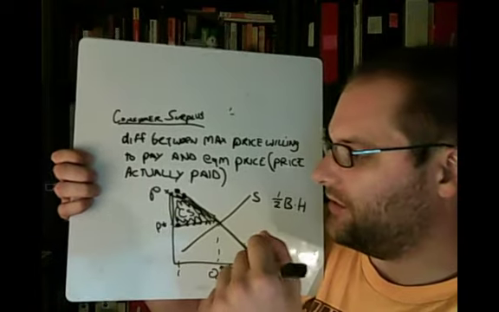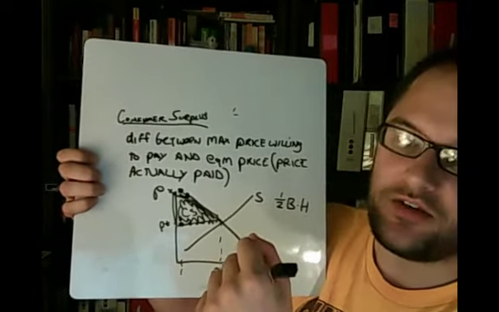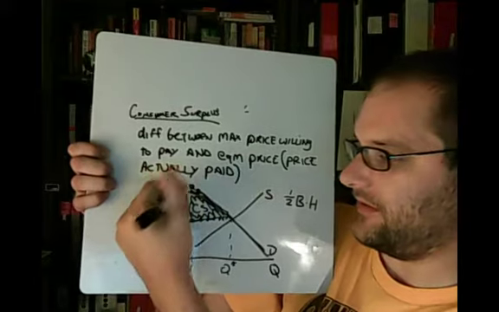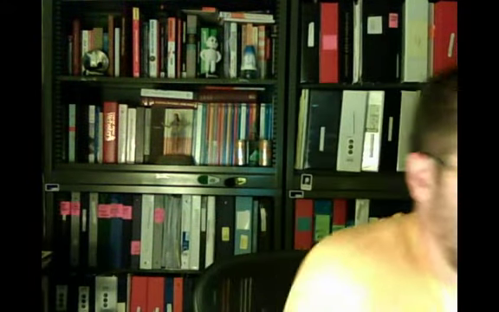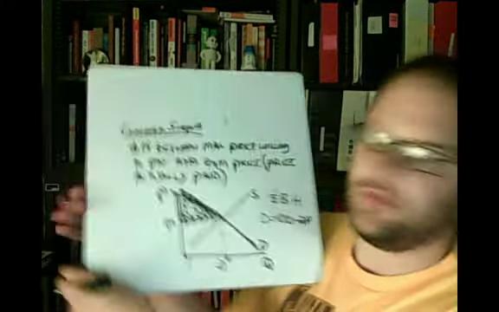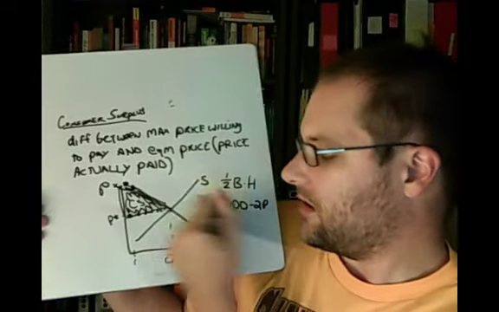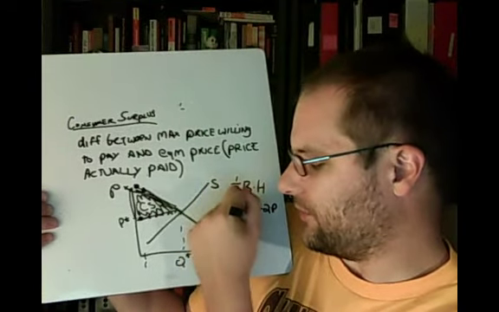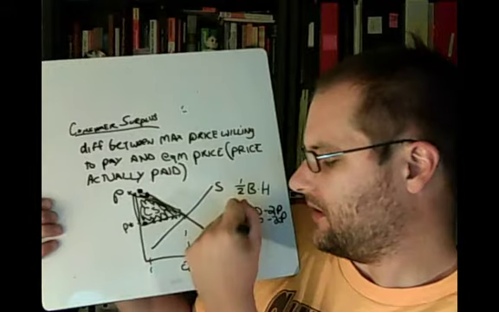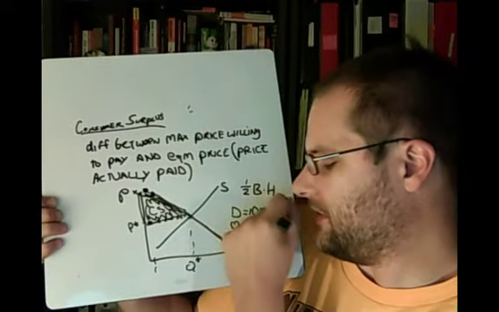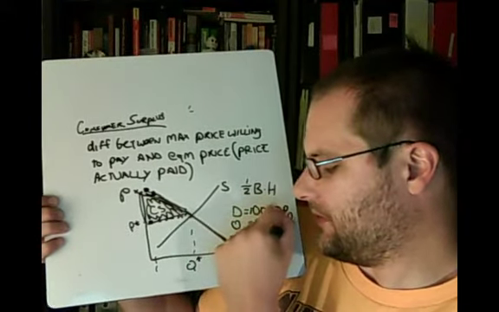Now the question is, how would you get the y-intercept of the demand curve, this price right here? You could do that by substituting in 0 for the quantity in the demand curve. For instance, if I gave you a demand curve of 100 minus 2p, then you'd say 0 equals 100 minus 2p, so 2p equals 100, and p equals 50.